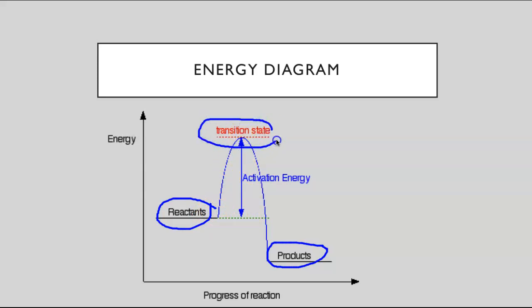Remember, we said the transition state is the species that exists between the reactants and products as bonds are being broken and new bonds are being formed. So activation energy is always the distance between the reactants and the transition state.